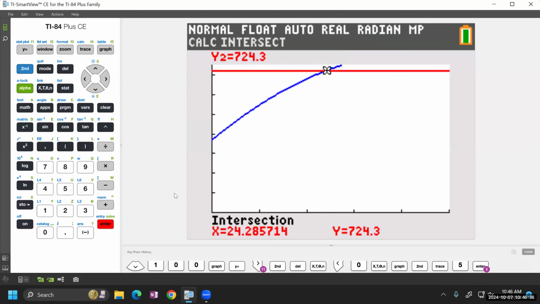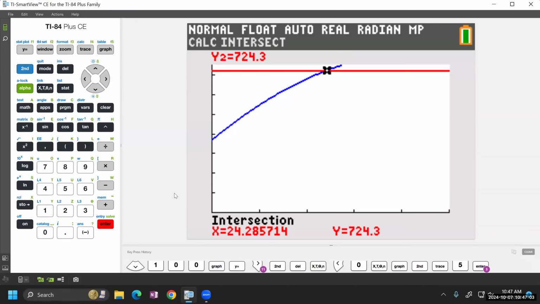So let's write that down. I'm going to write it down, then we'll stop the share. So we intersect at 24.286. And what's the y value? 724.3. Okay.